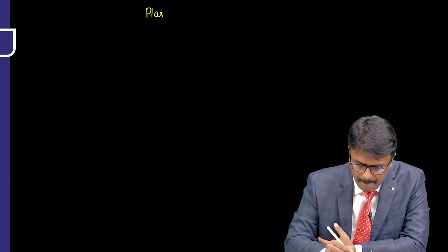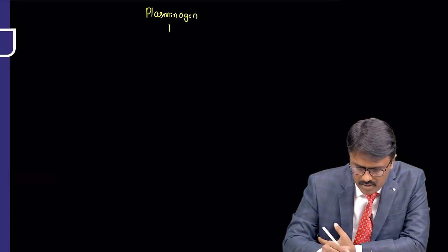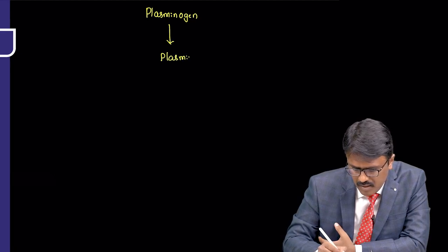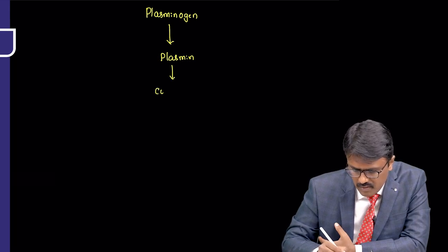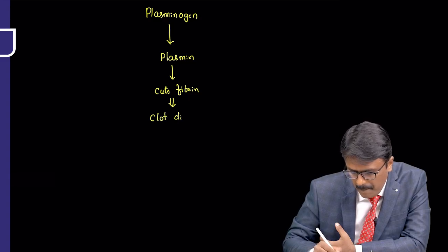Now let us understand the thing here. Plasminogen should be activated to plasmin. Plasmin, I told you, is like a scissor. That's the one which cuts fibrin, and when it cuts the fibrin, there is clot dissolution.